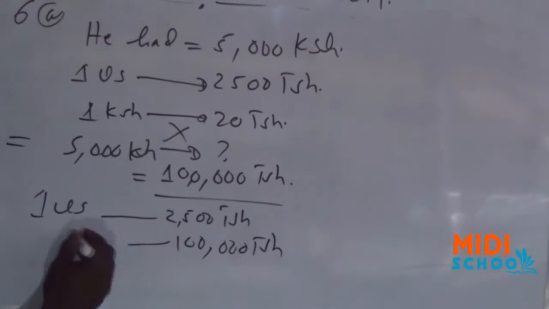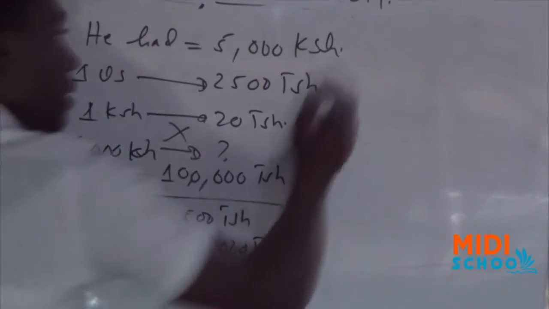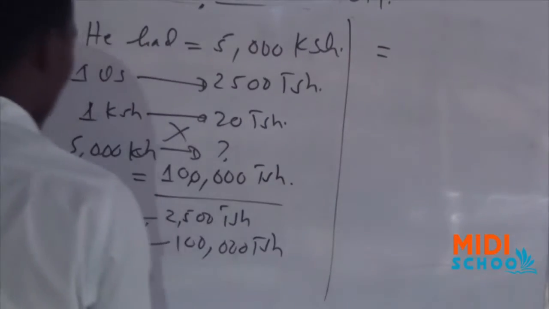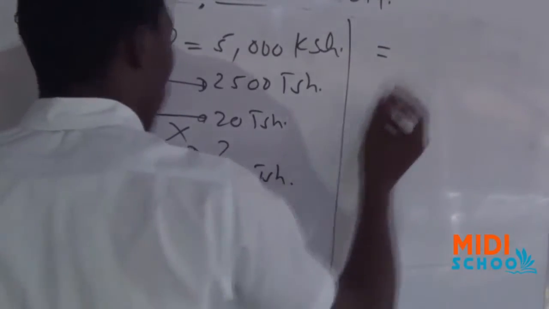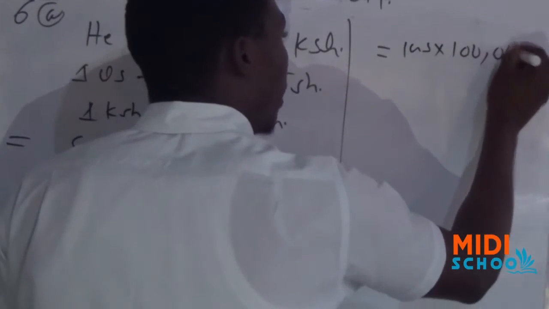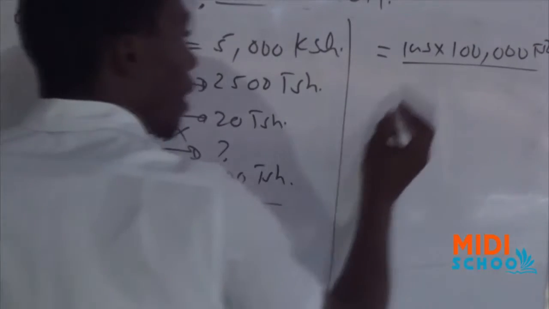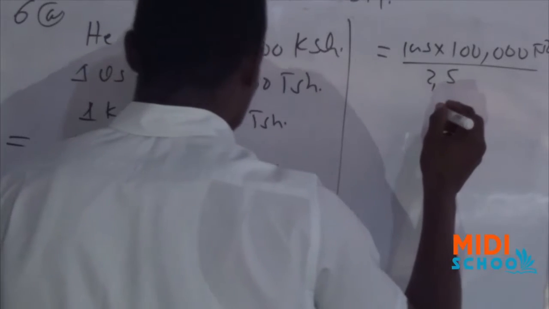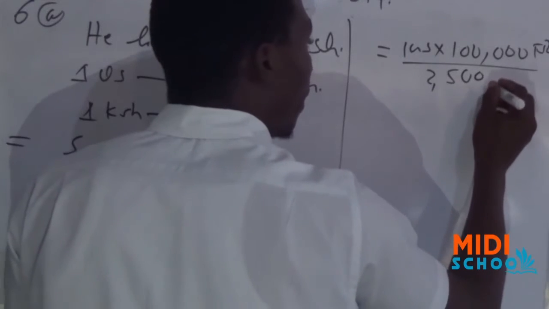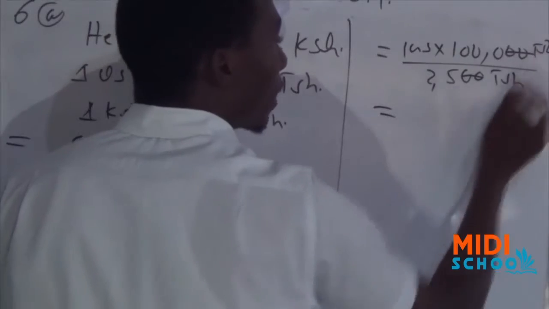We cross multiply. It is the same as writing $1 US times 100,000 Tanzanian shillings divided by 2,500 Tanzanian shillings. The shillings cancel out.